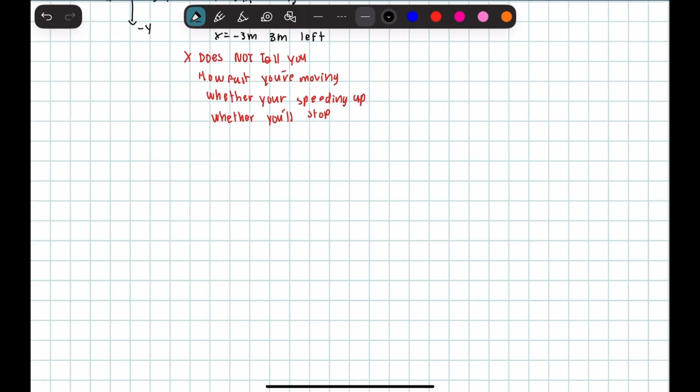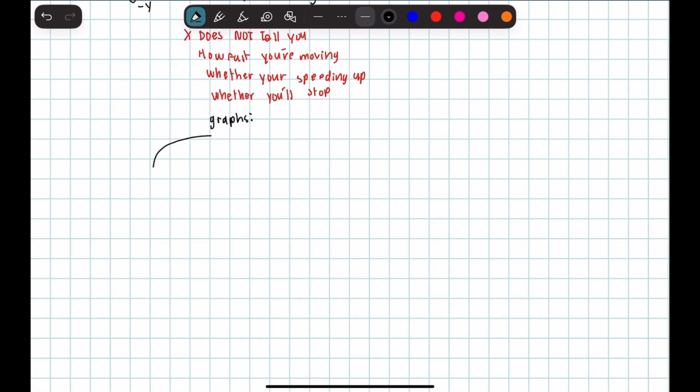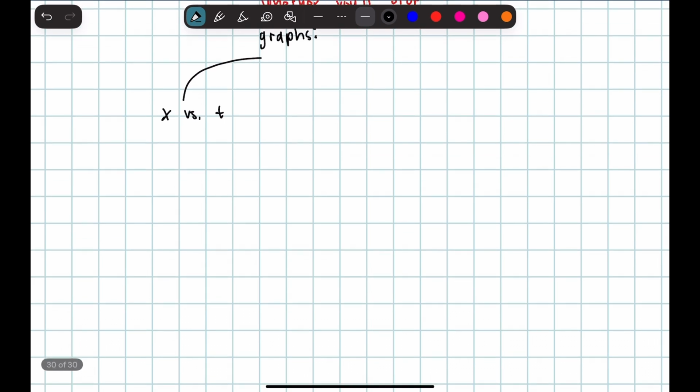Now, from position, we can create a graph: x versus t, a position versus time graph. This is your horizontal axis, and then your vertical axis. You have x and t.